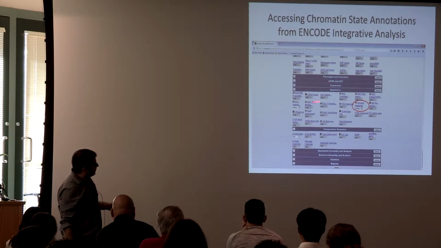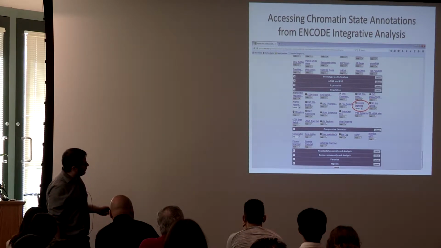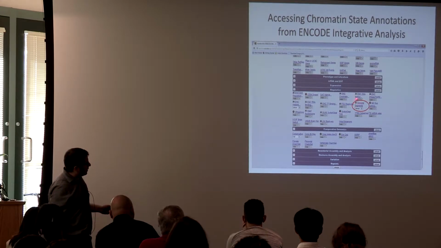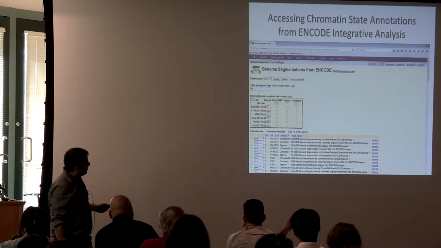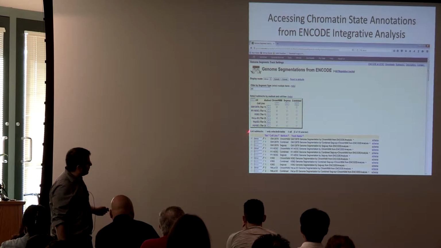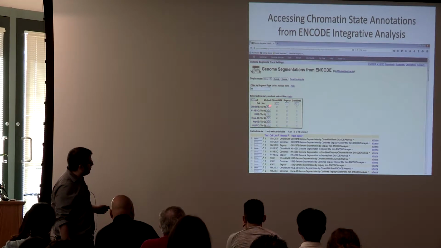In this case, these specific segmentations are, if you go under genome segments under the regulation tab, what you're going to see here is this menu, and then it has the 6 cell types, and ChromHMM is the primary one I'm focused on.